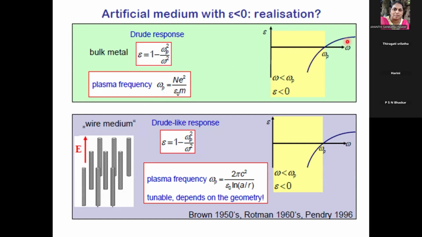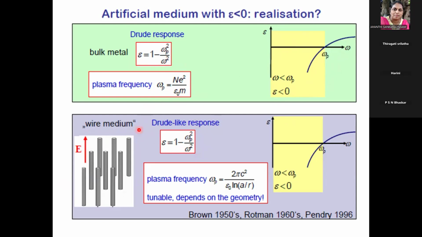Above a particular frequency, epsilon becomes positive. This omega p is called the plasma frequency. So this is the region in which you are going to have the negative epsilon in general. You want to realize this type of response by using the wire medium or the rods. These rods give the Drude-like response. This is a Drude response.